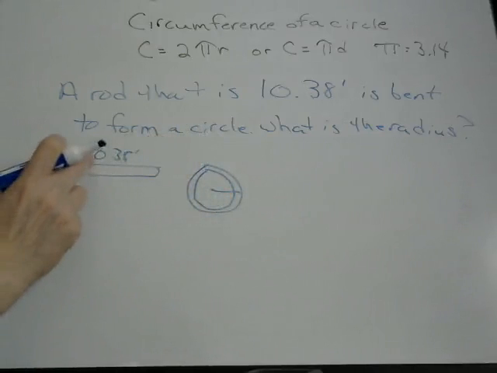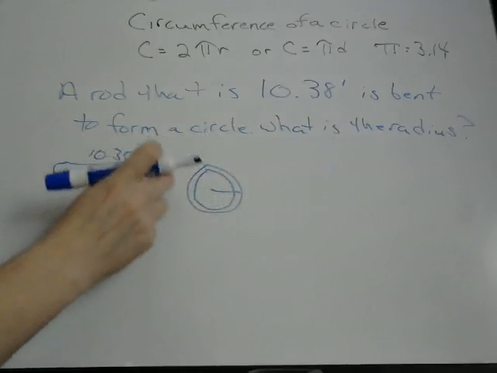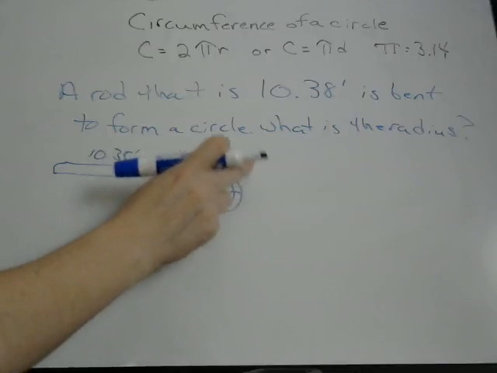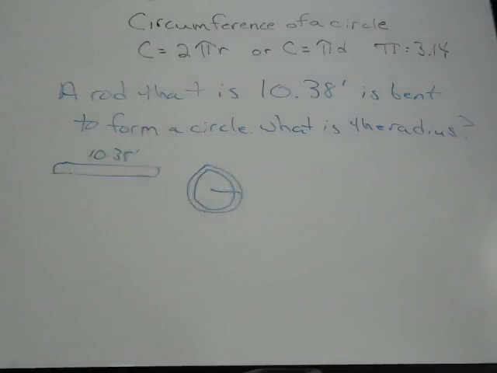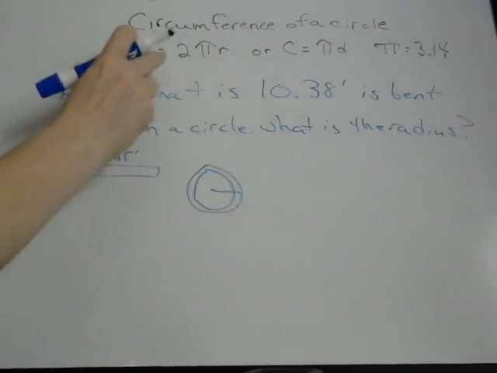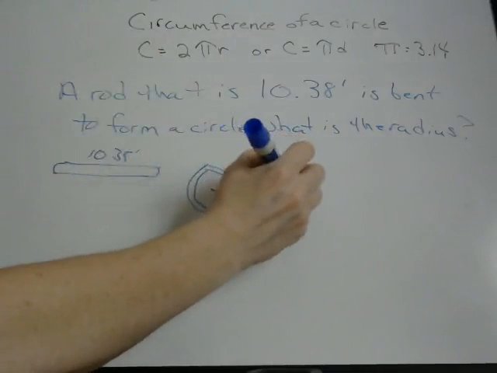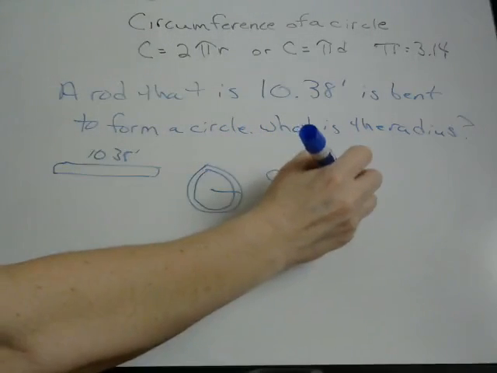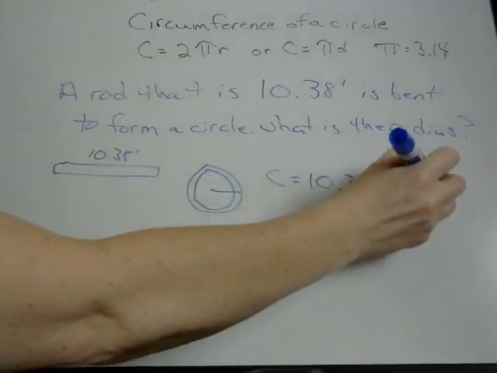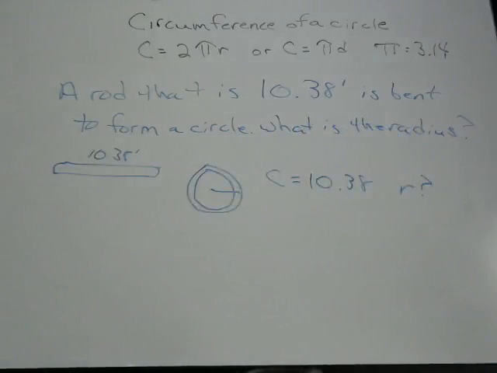So if you're taking something that's 10.38 feet and making it into a circle, the distance around that circle is 10.38. That is the circumference of this circle. So we know the circumference is 10.38. So what's the radius is the question. And so this is back to a problem like we just did.